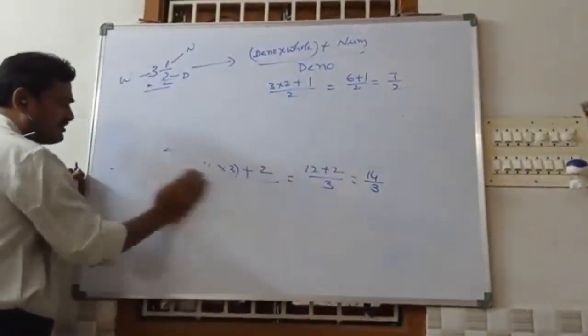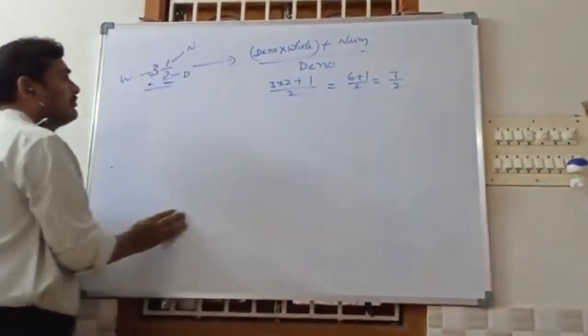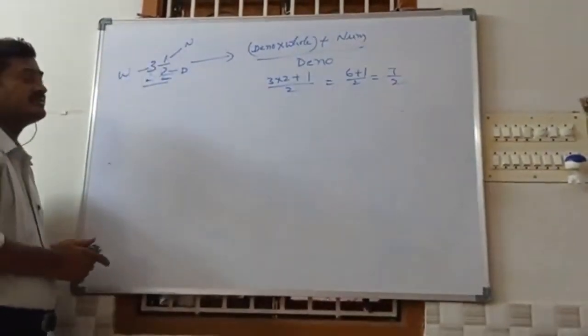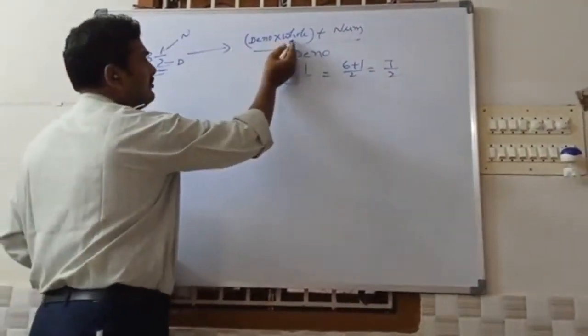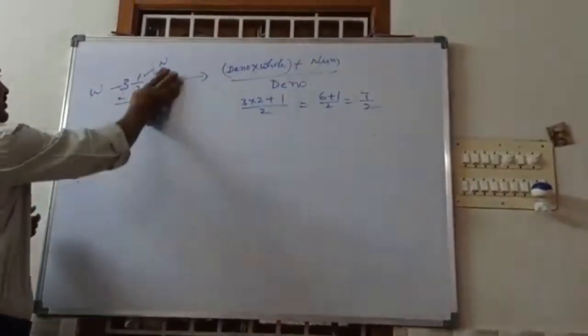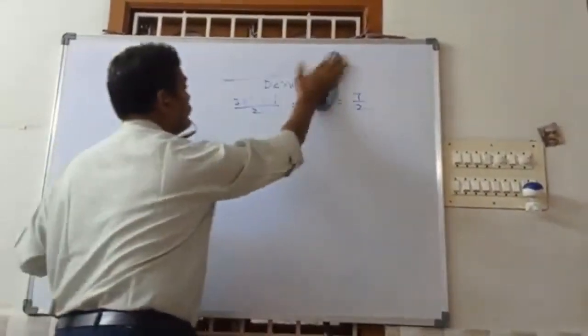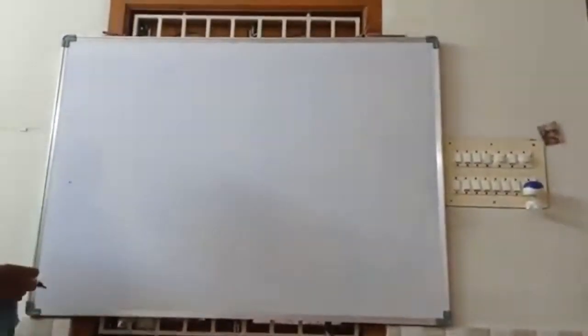The formula is denominator into whole number, or whole number into denominator, plus numerator by denominator.